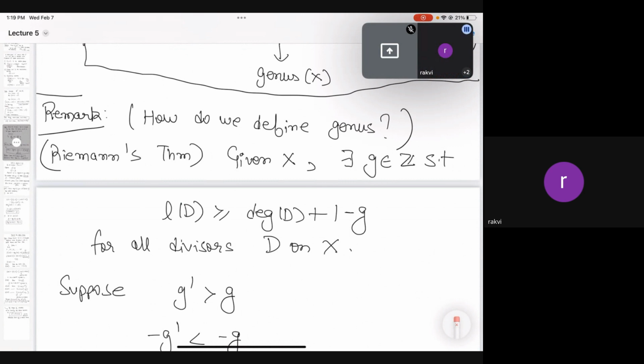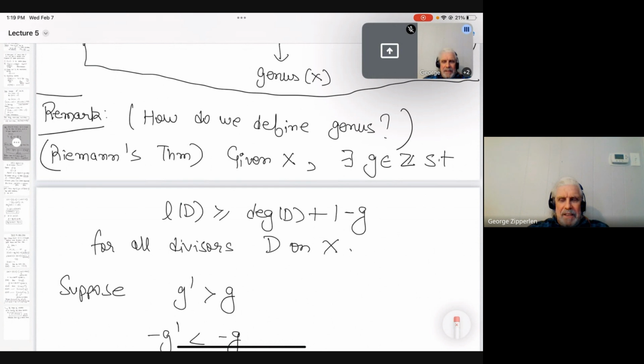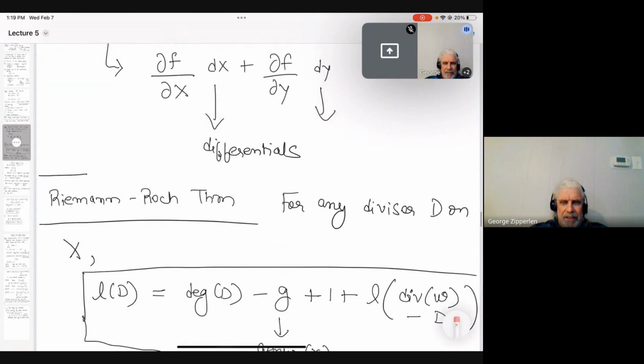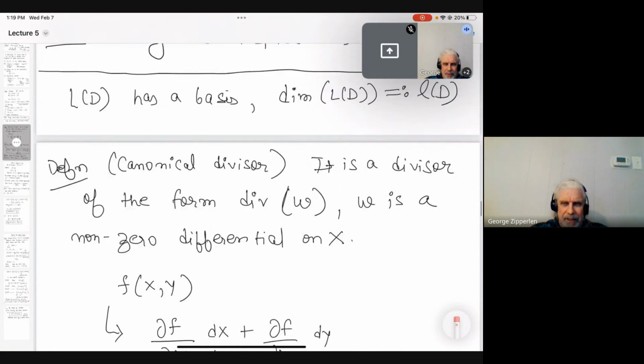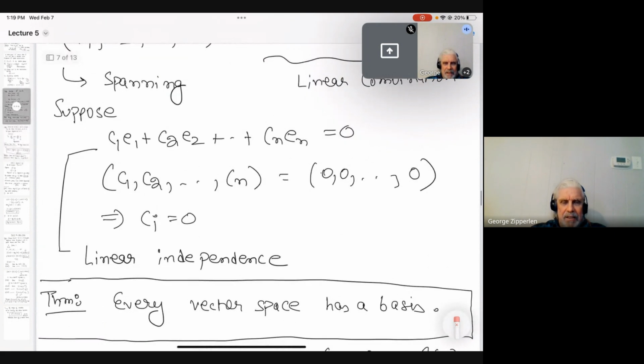But then the downside is it's too abstract. So I think what I need to do is go over all of these definitions: divisor, zero divisor, principal divisor, and canonical divisor before I can then see how they come together.